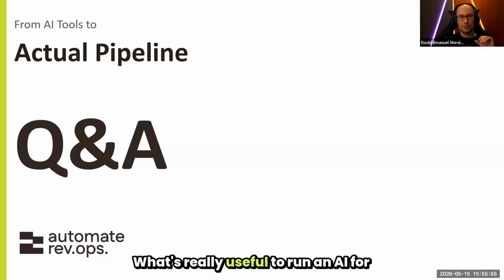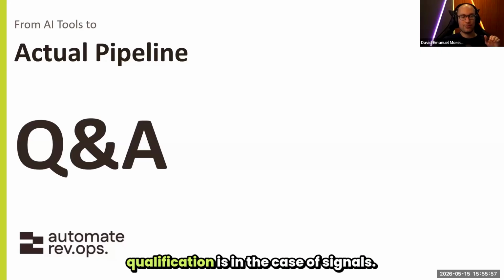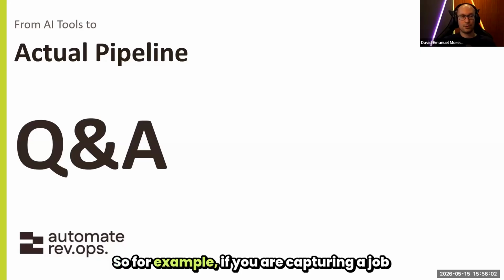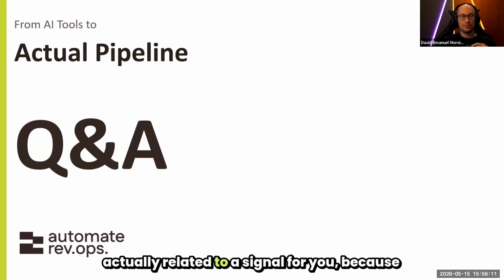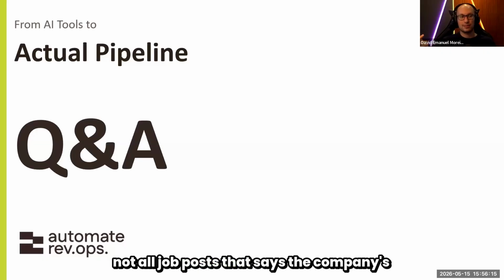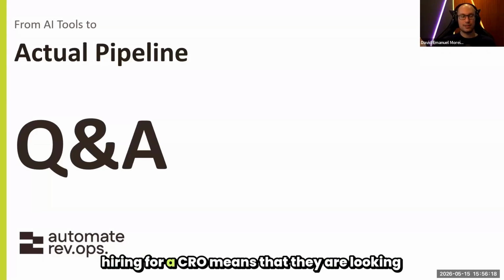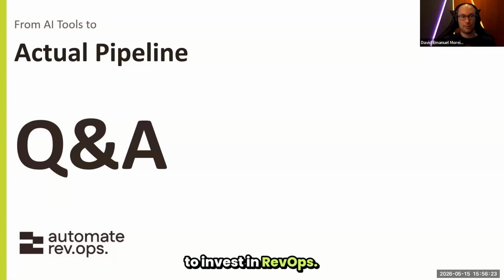What's really useful to run an AI for qualification is in the case of signals. So, for example, if you are capturing a job post and you want to see if that job post is actually a signal for you, because not all job posts saying that a company is hiring a CRO means that they are looking to invest in RevOps.